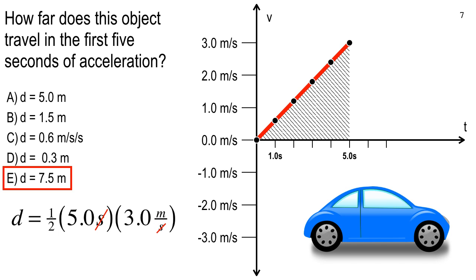The meters per second, that second is in the denominator, and over here in the time, it's second in the numerator. So they cancel, and you're left with meters. And that's the answer. Now, that is the triangle area formula. If you look at the picture and interpret it correctly, you could figure out 1/2 base times height.